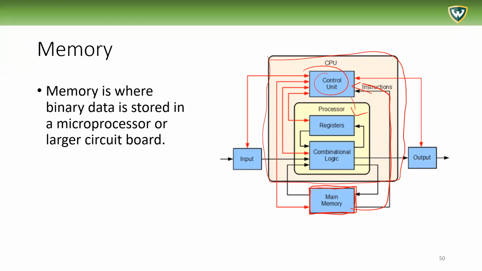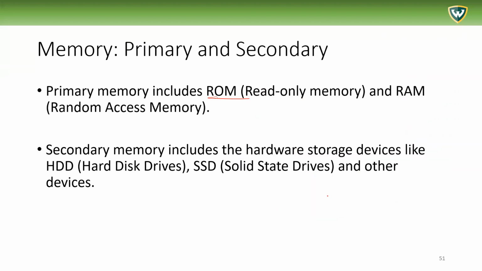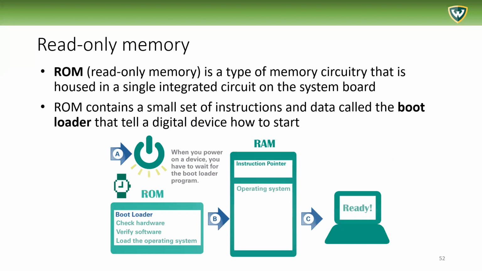Every time something's computed, sometimes you have to store something in the memory while it's doing its computation and go back to it. Random access memory is volatile, though, and it's constantly moving. Secondary memory includes the hardware storage devices like hard disk drives, solid state drives, flash drives, and so on, which we talk about.